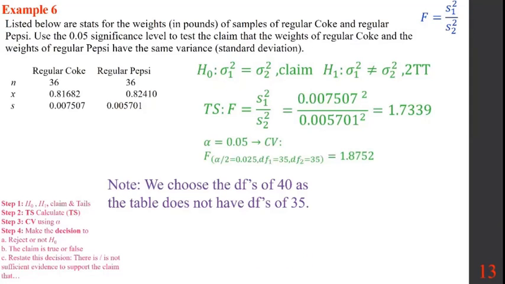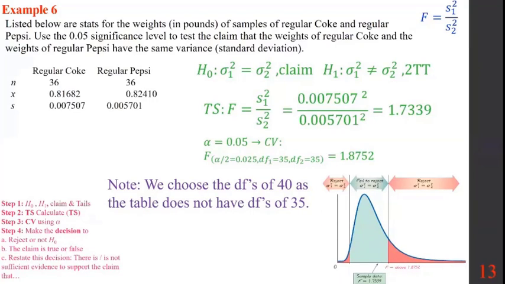Note, we didn't have 35, so we chose 40. Just as an example, again, we can look up the table, limitation of the table. With that being the case, if we put the numbers in, we get 1.8752 from the table. If you go with the technology, you get a better answer. And 1.7339 is clearly way into the non-rejection region.